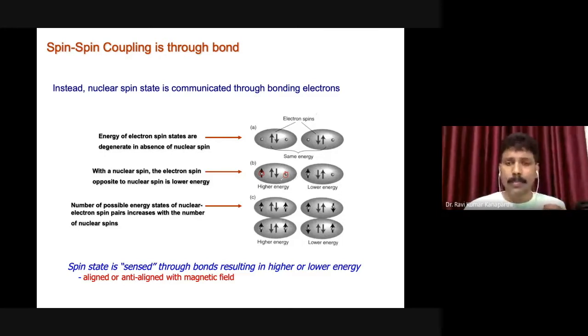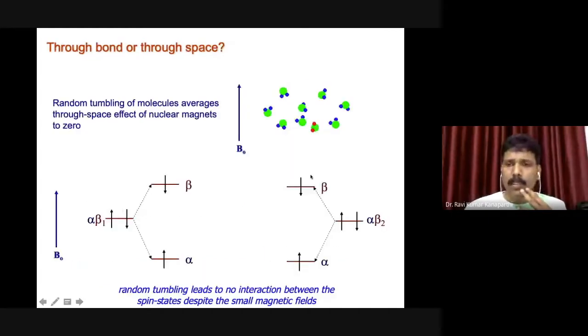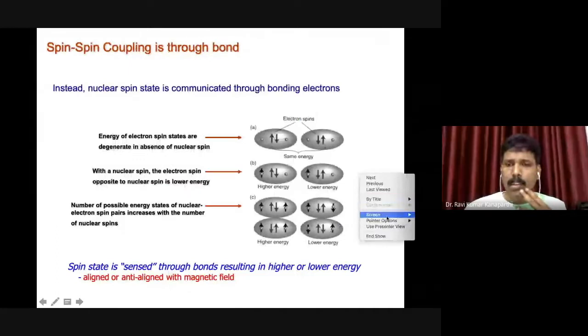Now you know there are different ways one can see this. The polarization mechanism basically tells you one thing. Suppose your nucleus is a half spin.